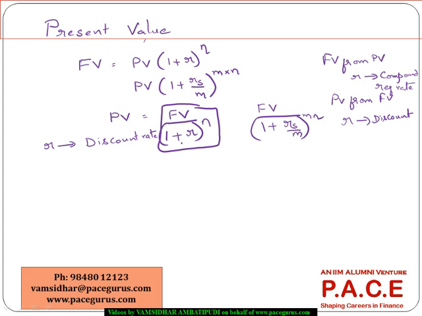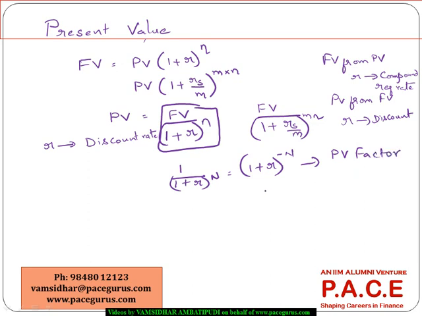So that's where we call this particular formula the computation of the present value from future value, and this particular element 1 by 1 plus r to the power n is sometimes written as 1 plus r to the power minus n. So this is what we call the present value factor.